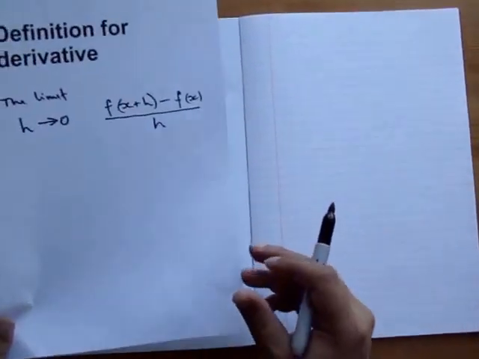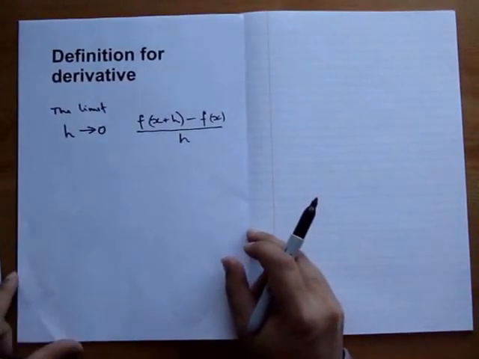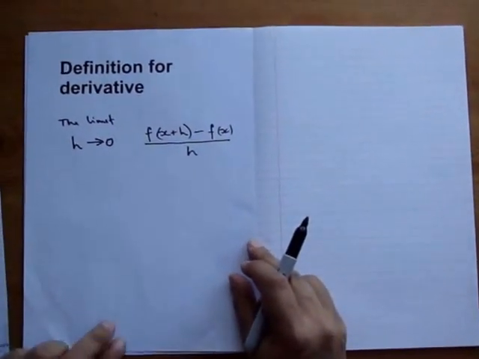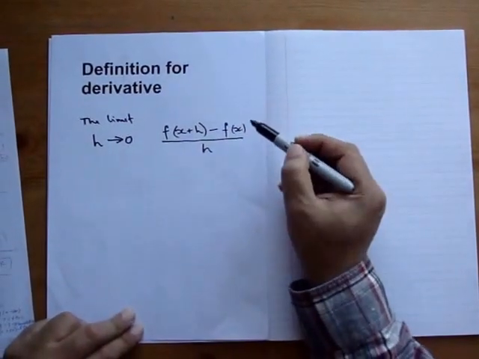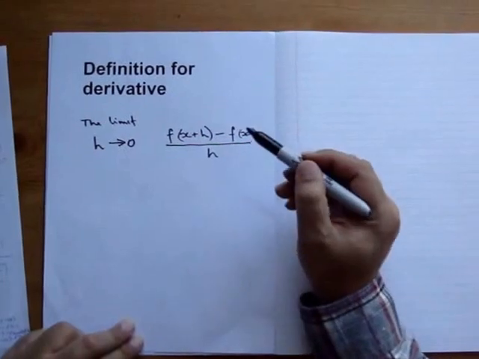So if we go back to the definition for a derivative, what is f of x and h?